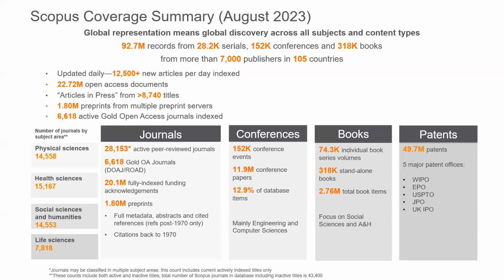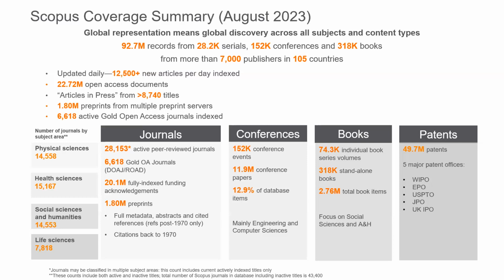There are currently more than 28,000 journals indexed in the Scopus database, some 6,600 of which are fully gold open access journals. Fully gold open access journals usually require an APC to publish in, but there are also about 22,000 journals that are either hybrid or subscription journals as well.